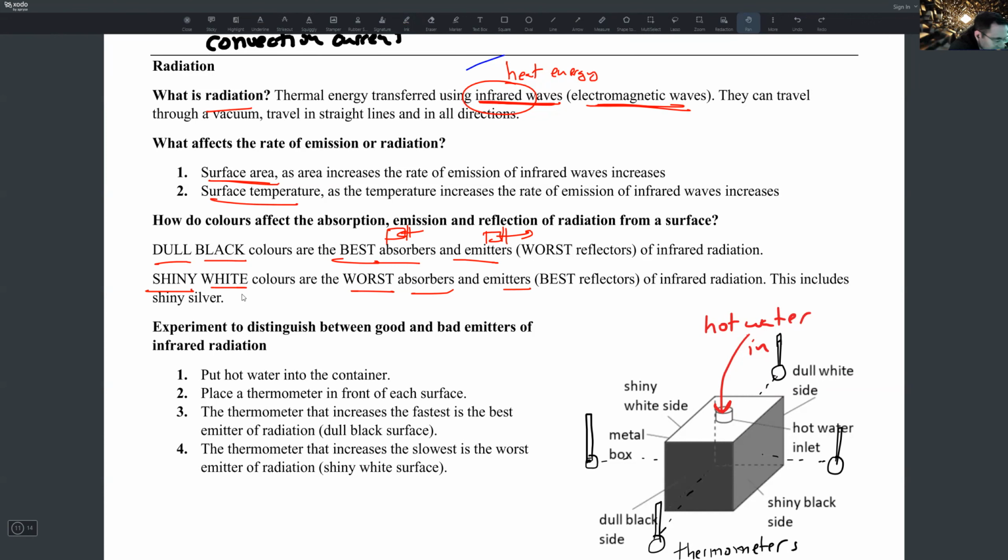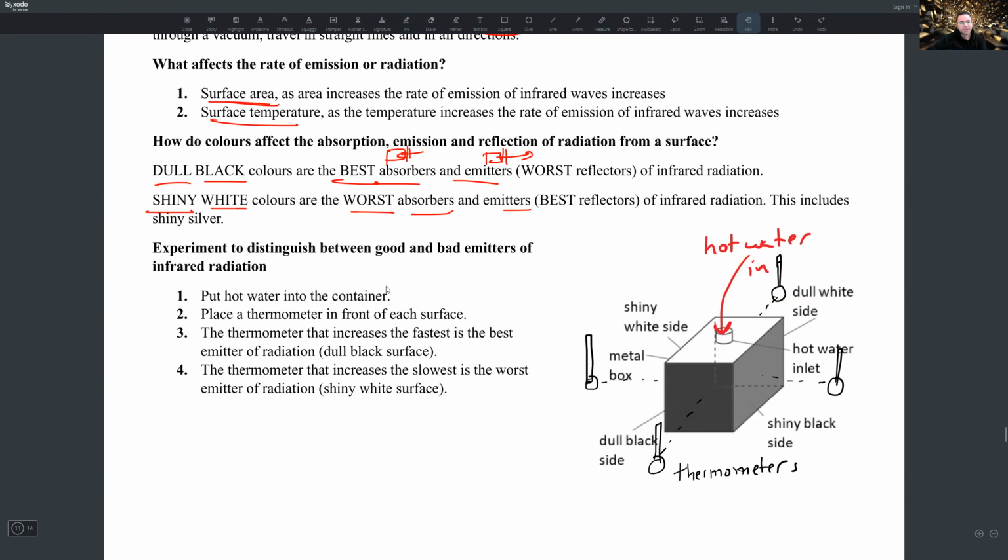But what if I get a white hoodie and I stand in the sun? That hoodie is a good reflector. I reflect the infrared waves. It's not going to let me absorb them. So white is the worst absorber and emitter of infrared waves. ليه؟ Because it's a good reflector.